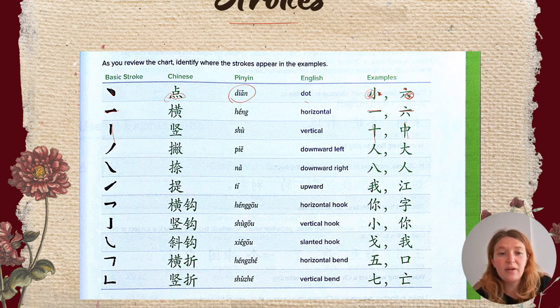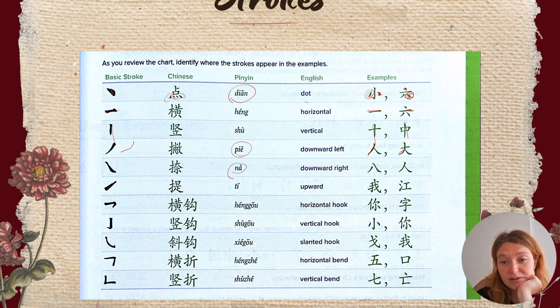Pie. Now this one is actually a slightly weird one. Almost all strokes go from left to right and top to bottom. This one actually goes from right to left, downward left. So there and there is where you see those strokes. Na.